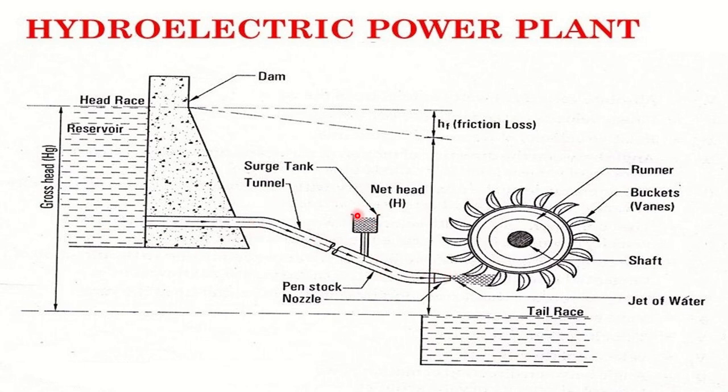And you have a surge tank here. I'll tell you the purpose of a surge tank. Then you have a turbine or the runner. The runner is nothing but the rotating part of a turbine, with buckets fitted. These buckets are also called vanes.